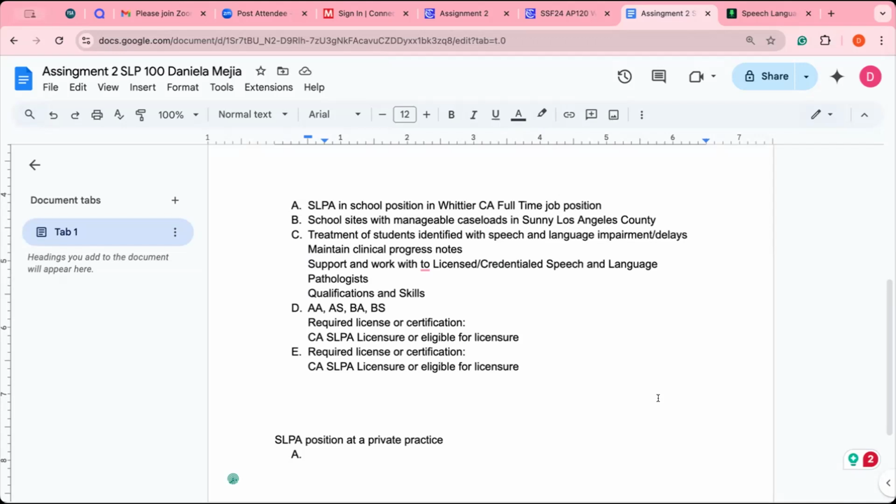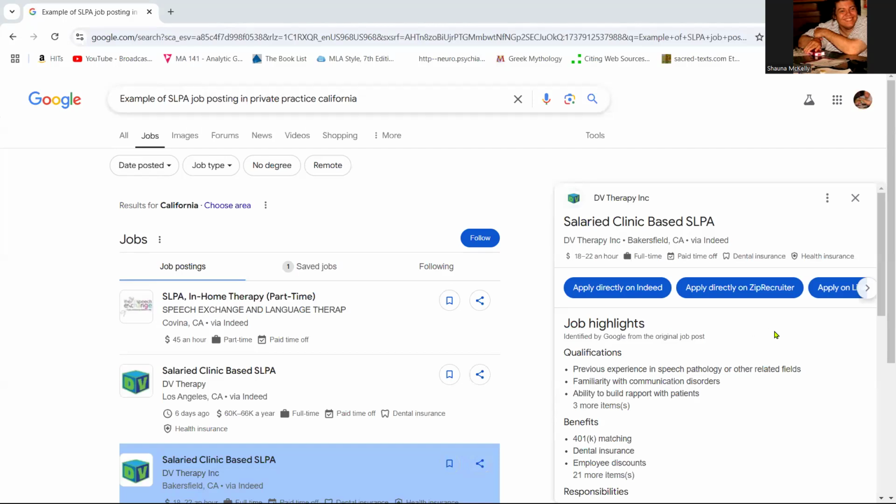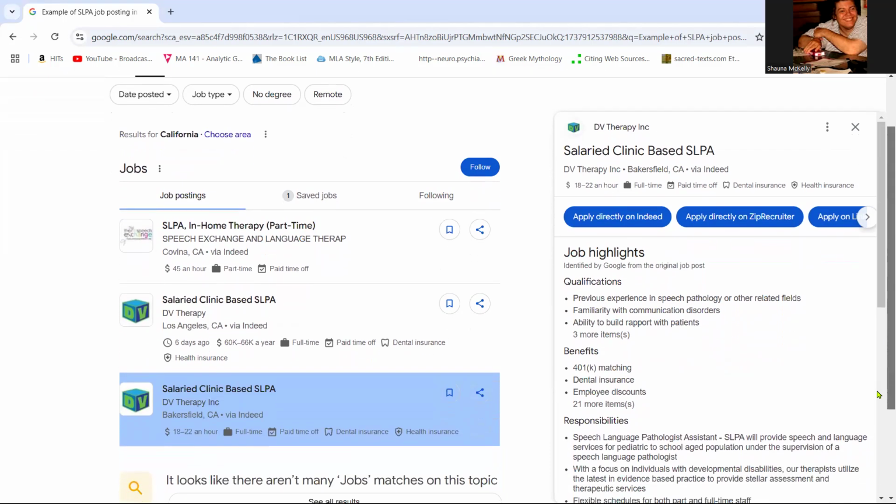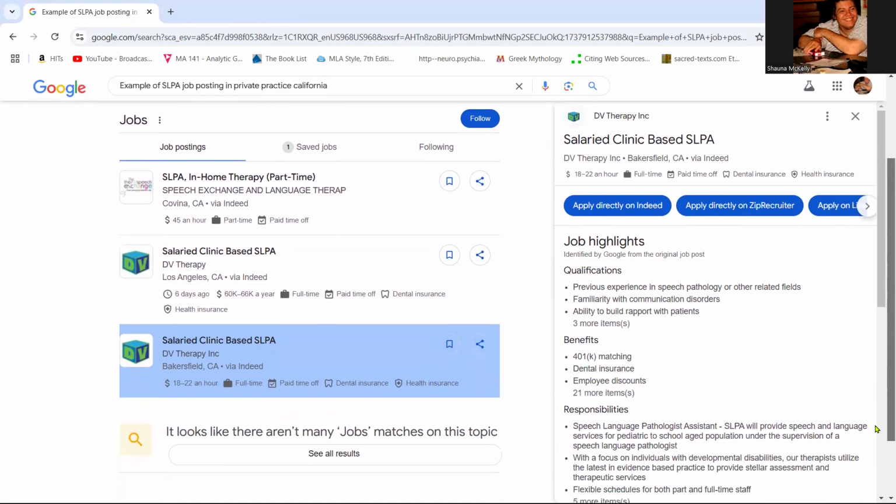So here's one. Let me share the screen. Then we can start to get some ideas. So this one says salaried clinic-based SLPA. Previous experience in speech pathology or other related field. Familiarity with communication disorders.